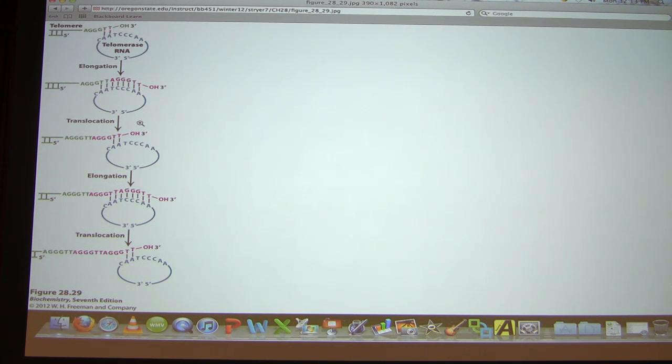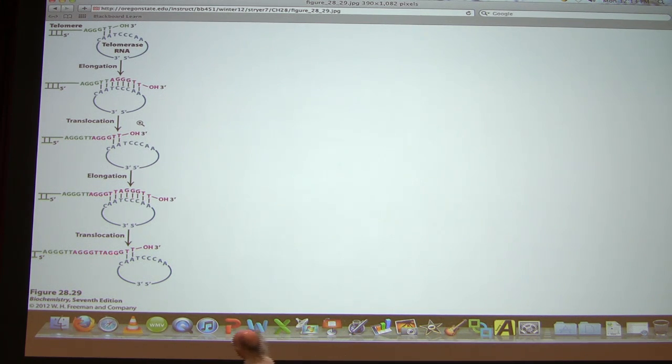Well, there's the sequence that gets copied. We see that telomerase copies this RNA that it's carrying around with it. You can see it being copied right there. And once it's copied it, the telomerase scoots it down and copies it again, and again, and again, and again. Every time it scoots it down and copies it, it adds another copy onto the end of that.